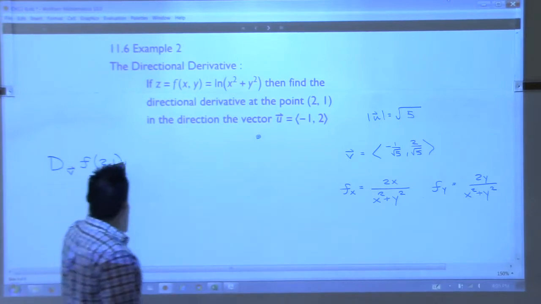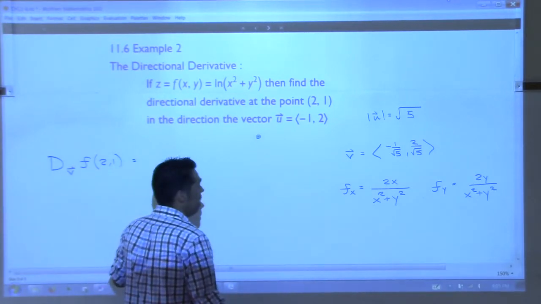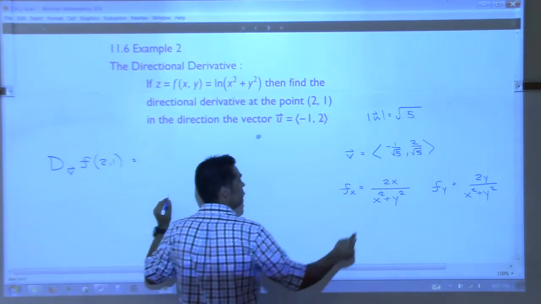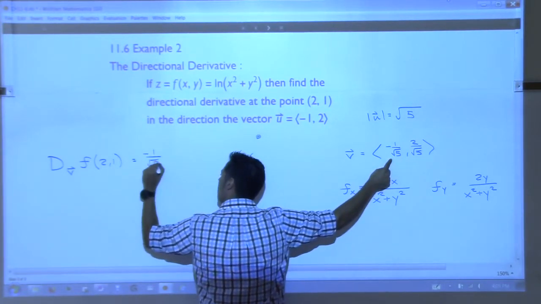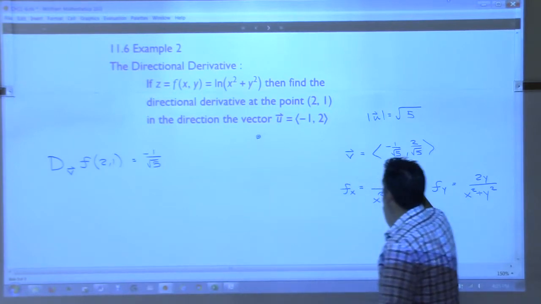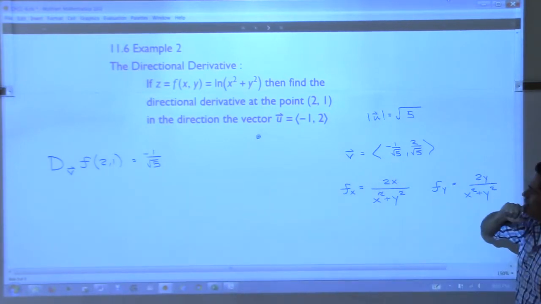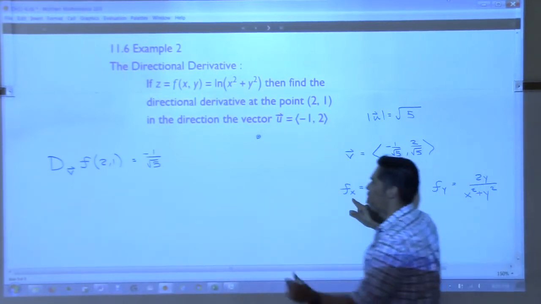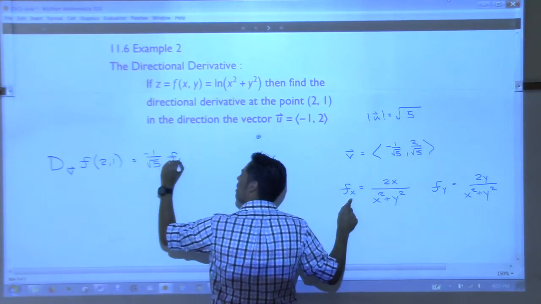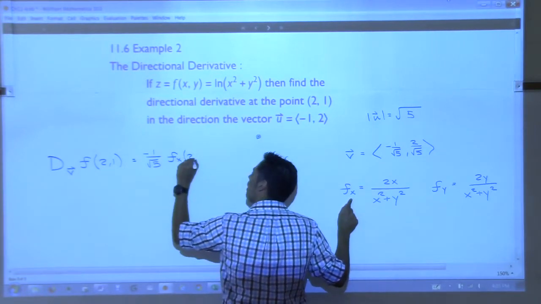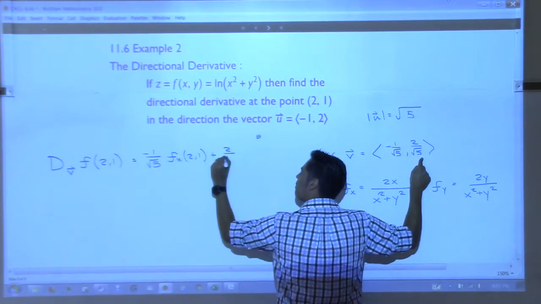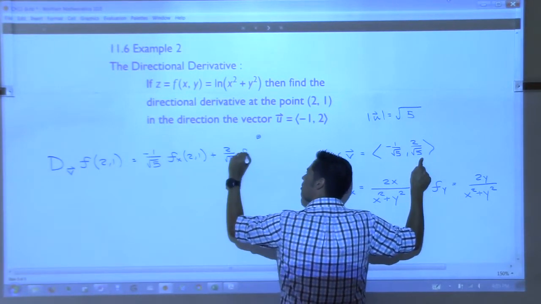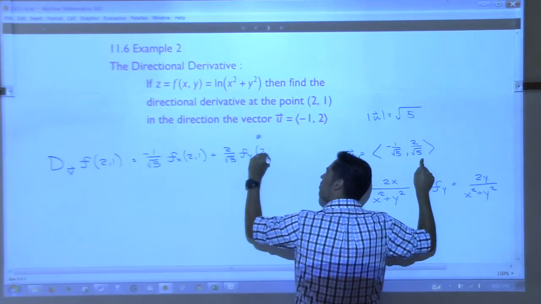And this should be equal to a, which for us is negative 1 over root 5, times the partial of f with respect to x evaluated at (2, 1), plus b, which is 2 over root 5, times the partial of f with respect to y evaluated at (2, 1).